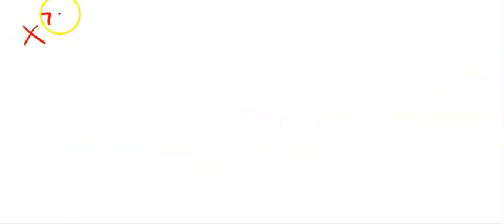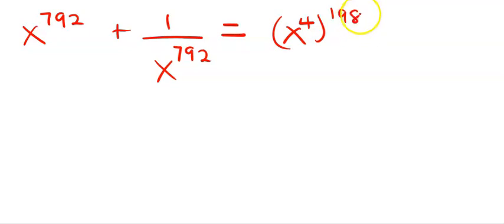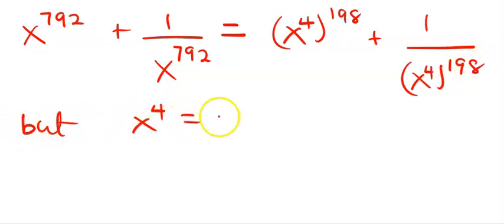So x raised to the power 792 plus 1 over x to the power 792 becomes x to the power 4 all raised to the power 198 plus 1 over x to the power 4 raised to the power 198. But we said that x to the power 4 is minus 1. Yes. So if it is minus 1, then when a negative number is raised to an even power, it turns out to be a positive number.